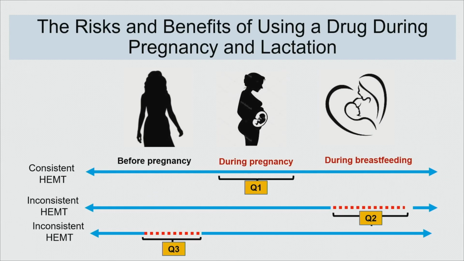Because the CFTR modulator is usually called a chronic maintenance therapy. In clinical trials, as a rule, they think about whole-life usage, and whether during pregnancy, before, and after pregnancy, they should continue use or discontinue. So in this presentation, we try to answer three questions. The first is consistent use of the CFTR modulator for the whole life, including pregnancy and lactation.